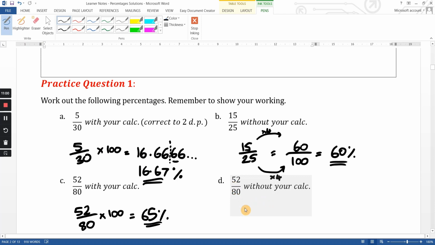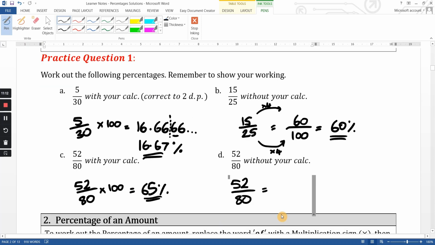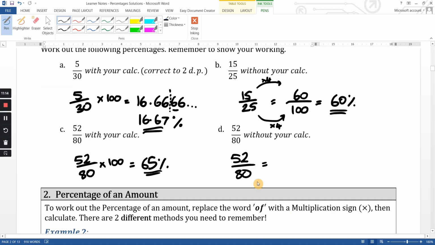And the same one without, well, we should get 65% as our answer, but I'm going to do it without. I'm going to do the same again like I did before. I'm going to go from, instead of out of 80, I'm going to go to 20 instead. Yep, so that's divided by 4. Same for that.